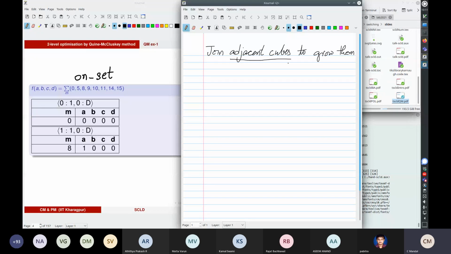adjacent cubes. So, can anyone tell me when two cubes are adjacent? Cubes are simply product terms. Sir, when the Hamming distance between them is 1. Yes, that is true.